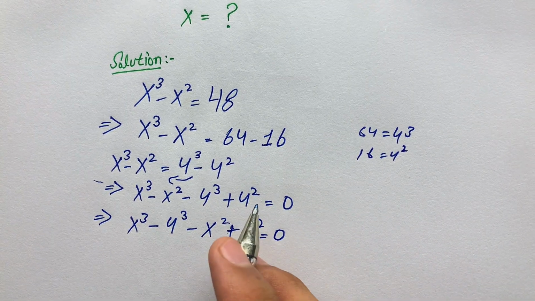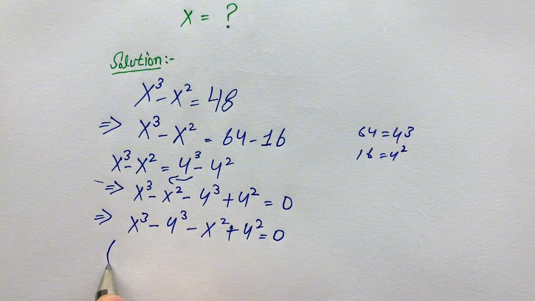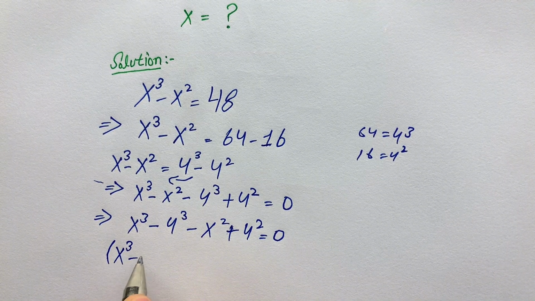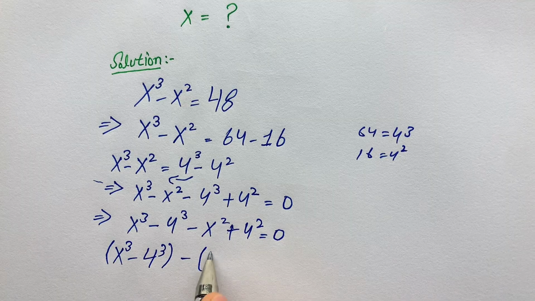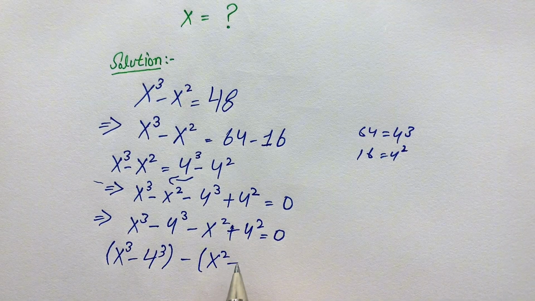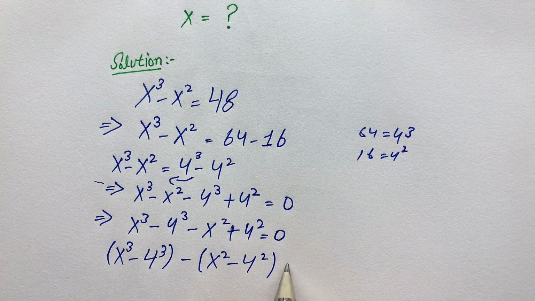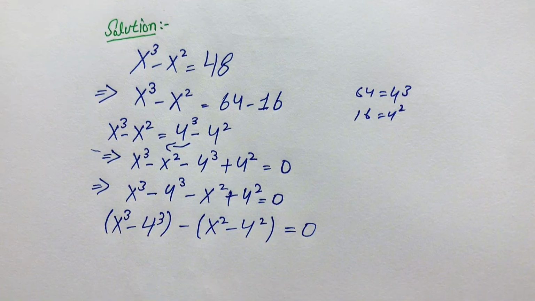Now this will be x^3 - 4^3 - (x^2 - 4^2) is equal to 0.